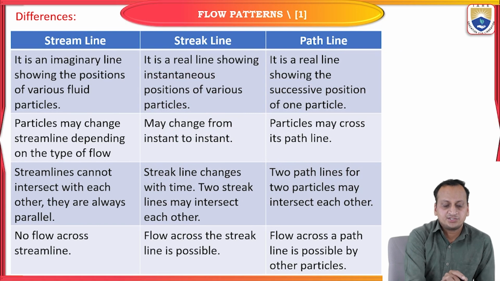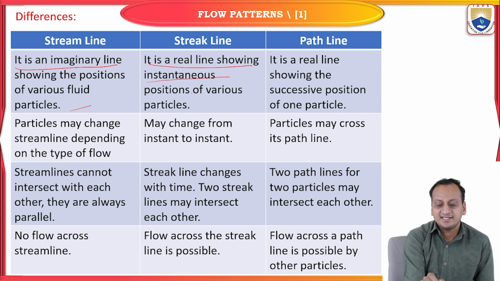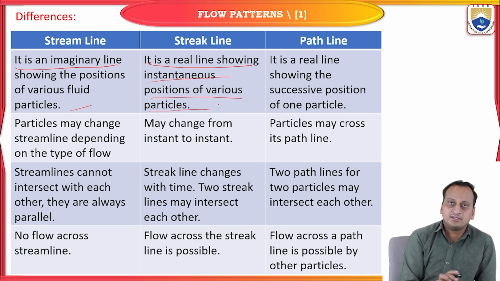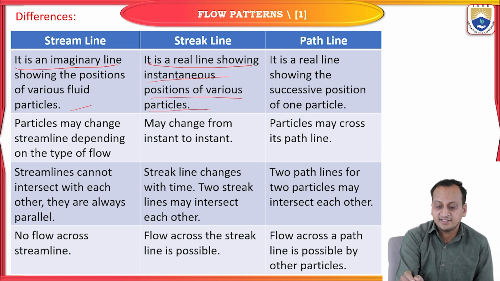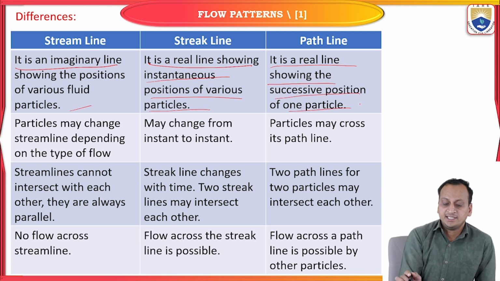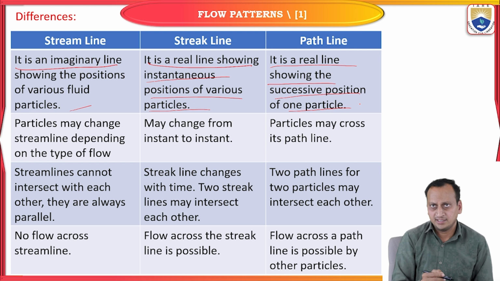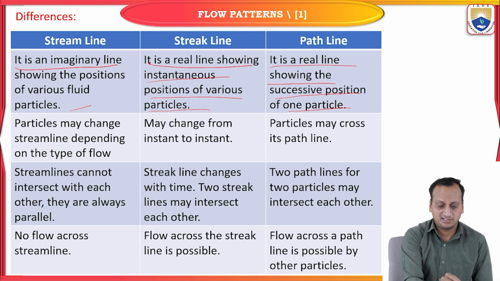You can see in this table that a streamline is an imaginary line showing the positions of various fluid particles, whereas a streak line is a real line showing instantaneous positions of various particles. A path line is also a real line showing the successive positions of a single fluid particle. When a single fluid particle is traced, that is known as a path line.